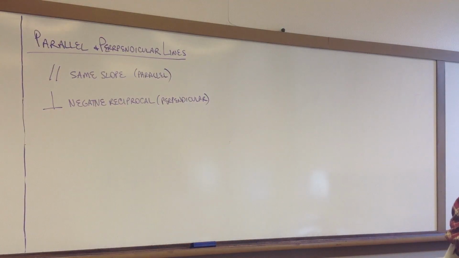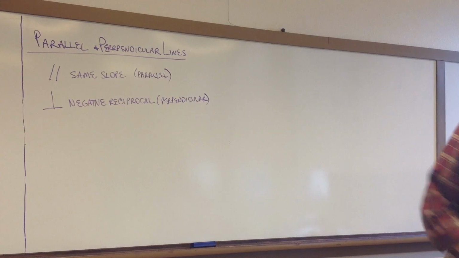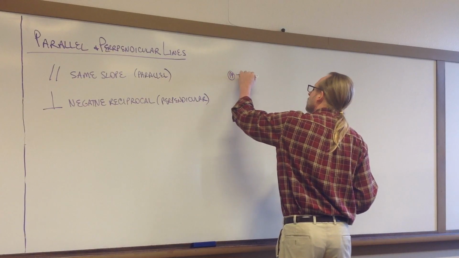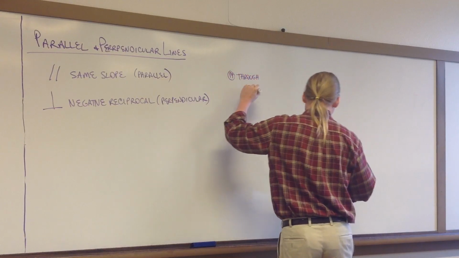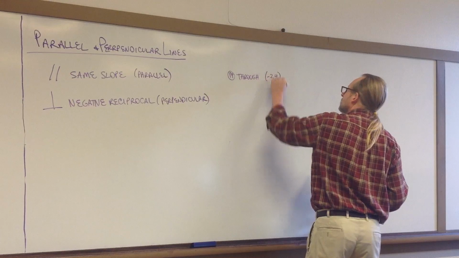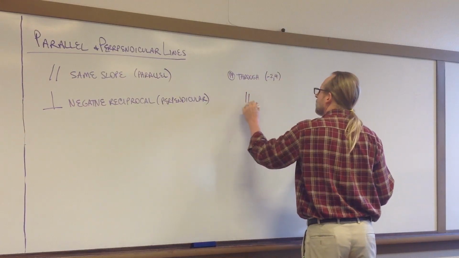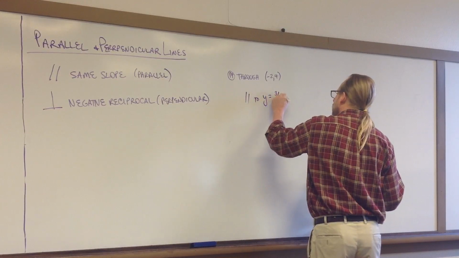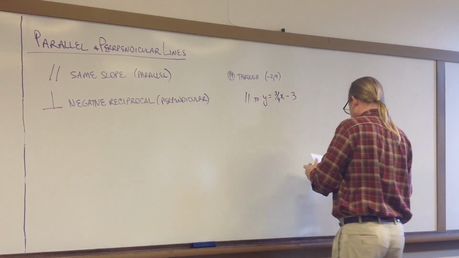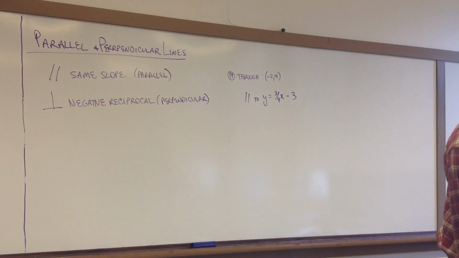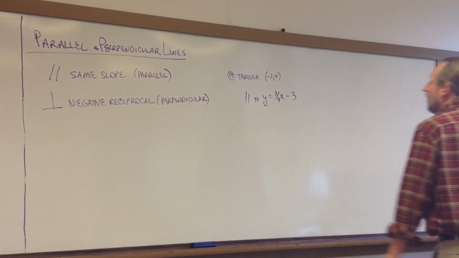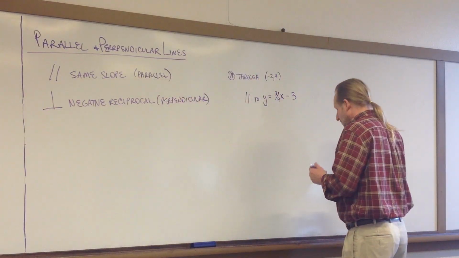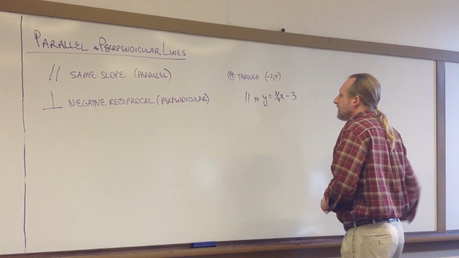Okay, let's see here. Problem 14, passing through the point (-2, 4), and we want this parallel to y = 3/4 x - 3. Parallel lines have the same slope, so the slope for the line we're looking for will also be 3/4.